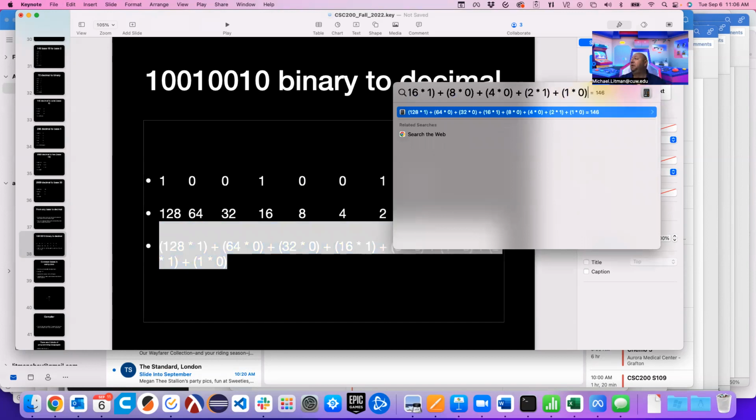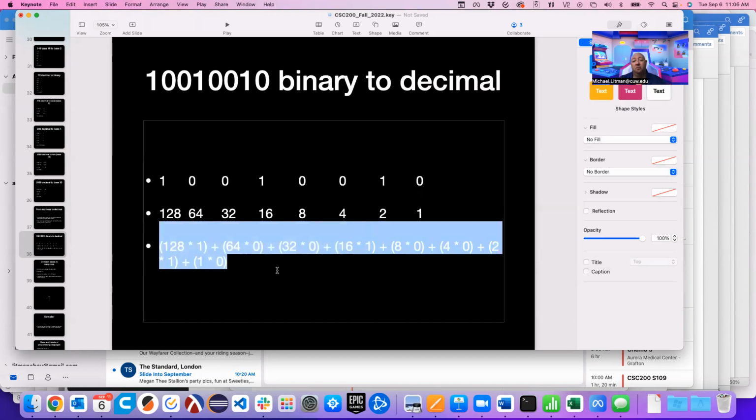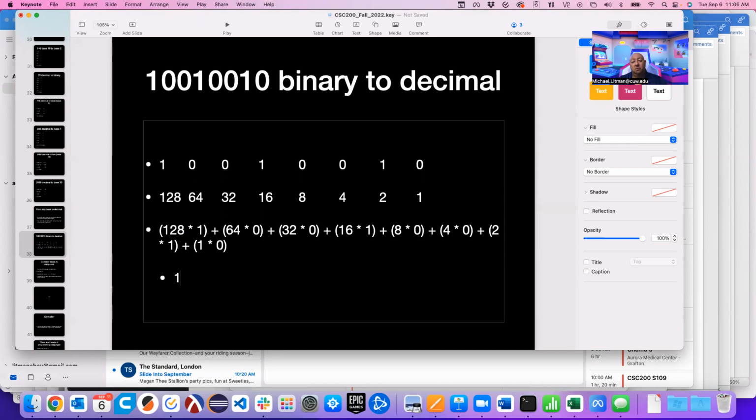And that's the number 146. You should get a 146 out of that. That's converting it back.